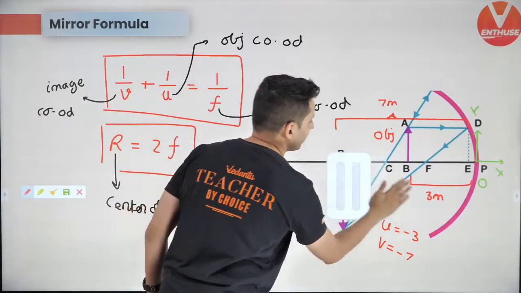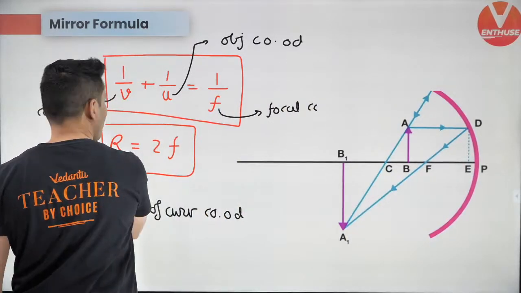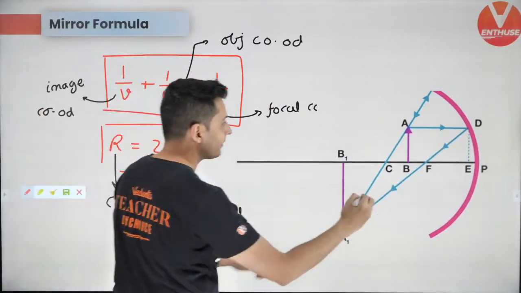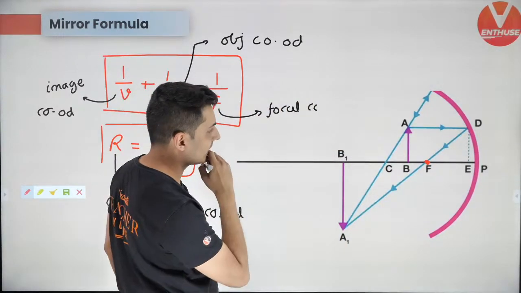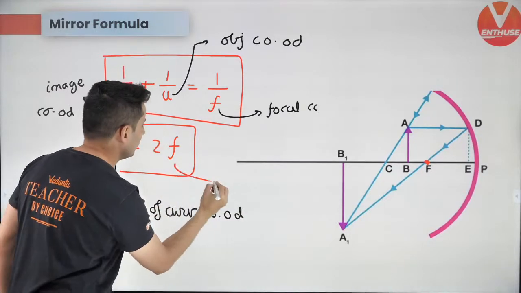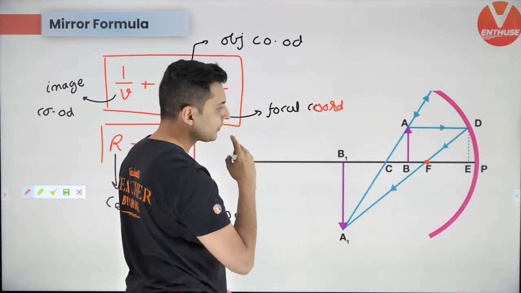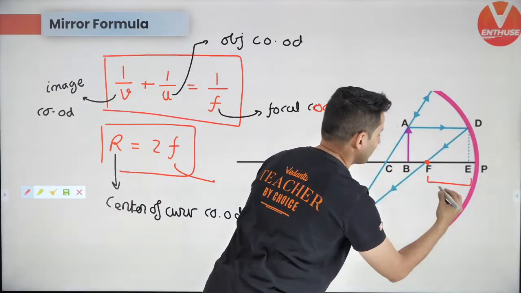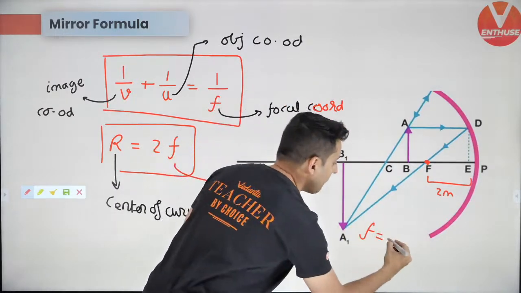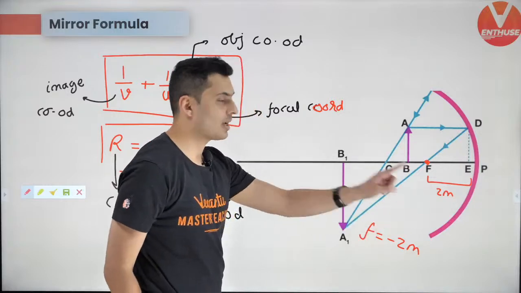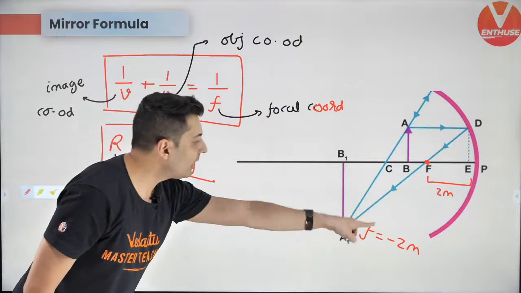Next, similarly, imagine this is the focal point, and this is the radius of curvature. By the way, I forgot to tell you, this f is the focal coordinate. If this distance is, for example, 2 meters, then the value of f will be -2 meters according to sign convention, and R will be 2 times -2.